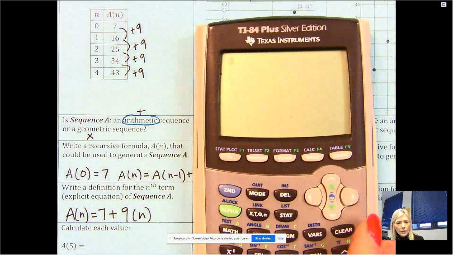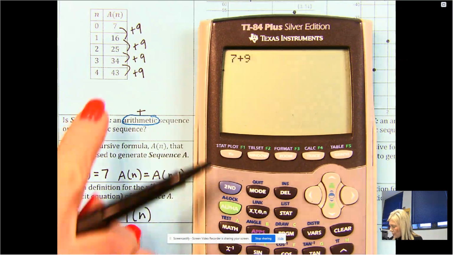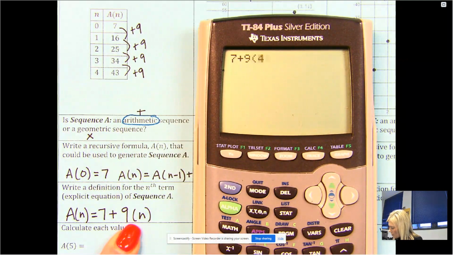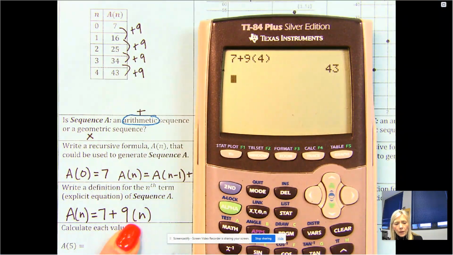So if I start here, 7 plus 9 times n, where n is 4, 7 plus 9 times 4, see how we got 43?